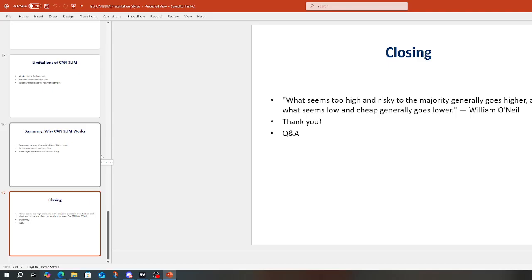This strategy does work, but it's very high risk. That's why you need to be an active trader. You can't walk away from stocks like that. If you want to use this strategy, you generally gotta be a day trader, a little bit.